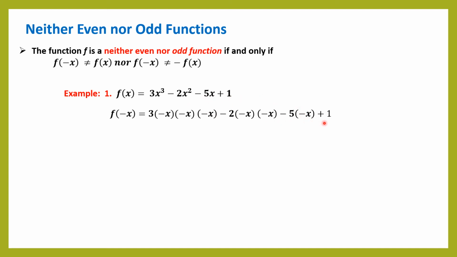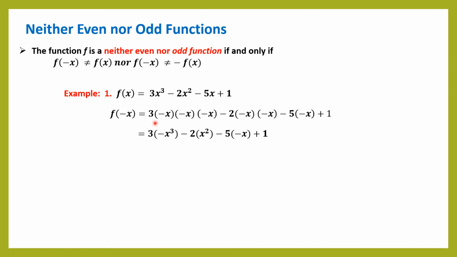Just copy plus 1. Palaging tandaan, kapag ang ating exponent ay odd, ang product ng ating negative sign ay negative. Kapag even naman, ang ating product ng negative sign ay positive.